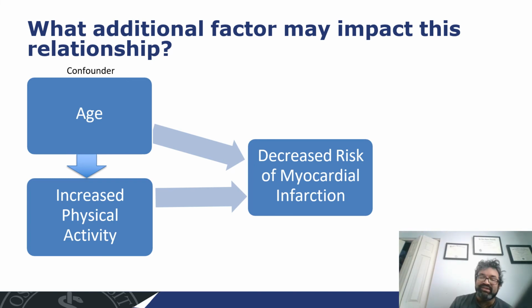Age is the reason why, because a lower age cohort is the reason there's decreased risk of myocardial infarction, and not that this group had increased physical activity. So this is where confounding becomes important.